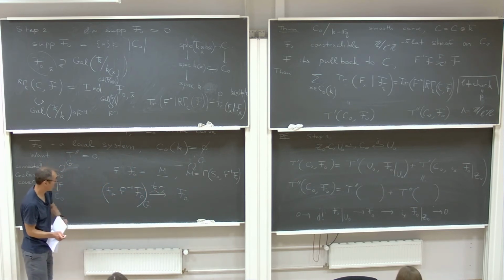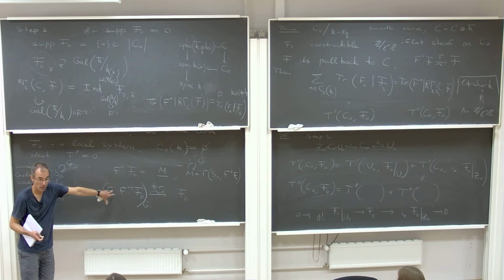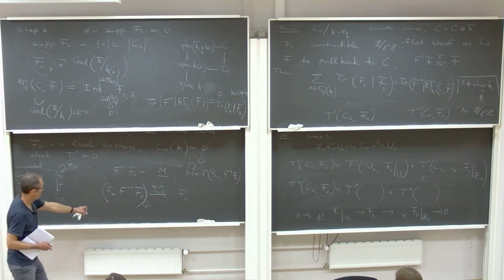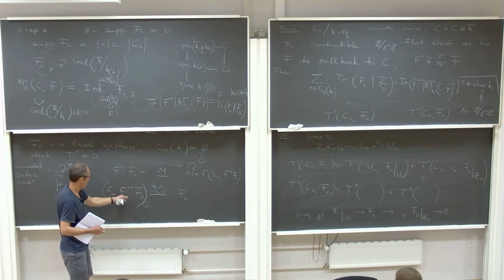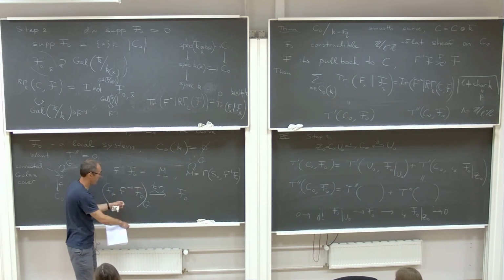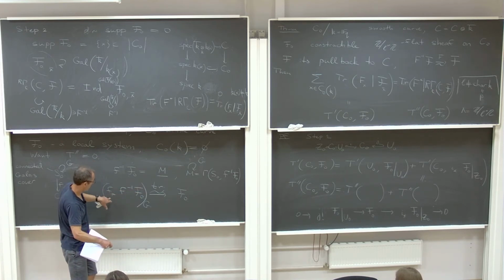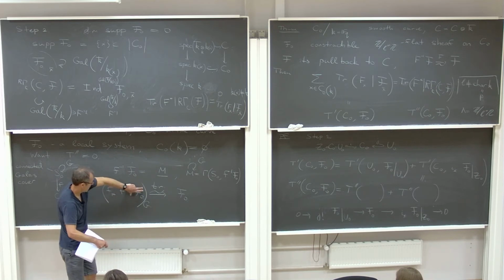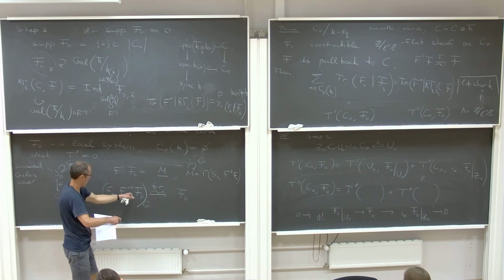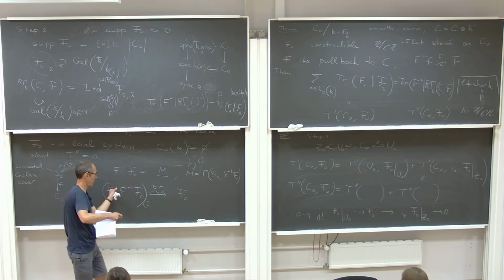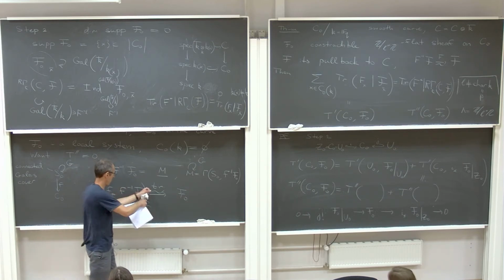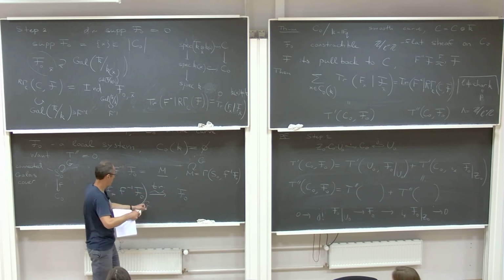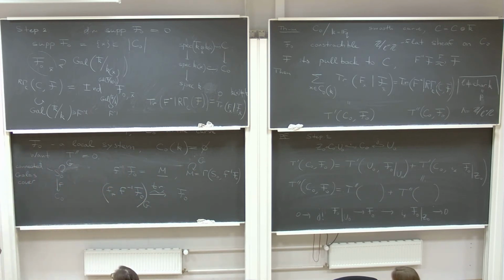And this is obvious because you just check it on stalks. You take any stalk over a geometric point, and then the stalk of this guy will be |G| copies of the stalk of F0. G acts transitively on the summands. The trace map is the summation map. And so you get an isomorphism on stalks.